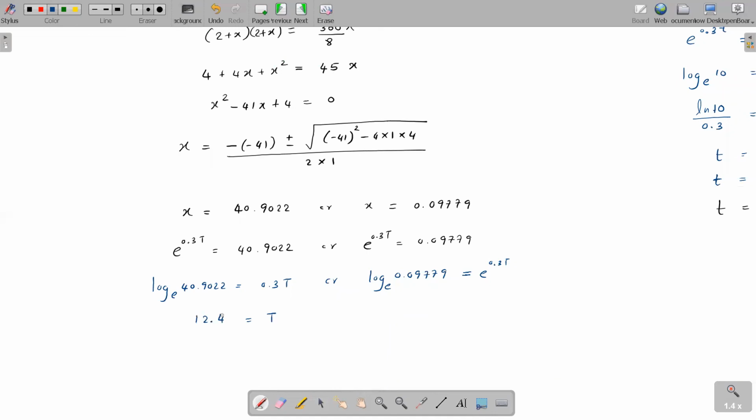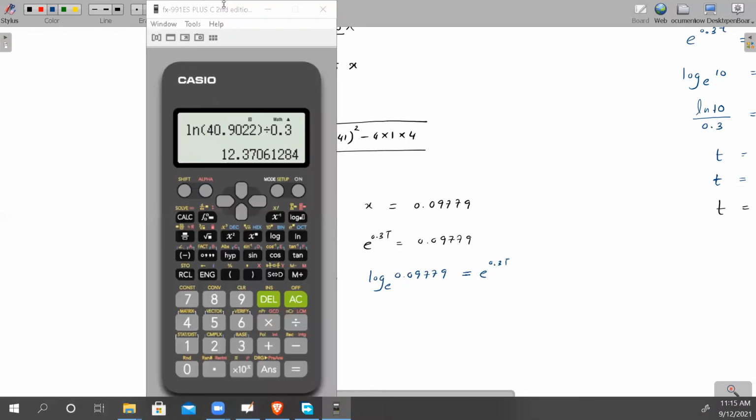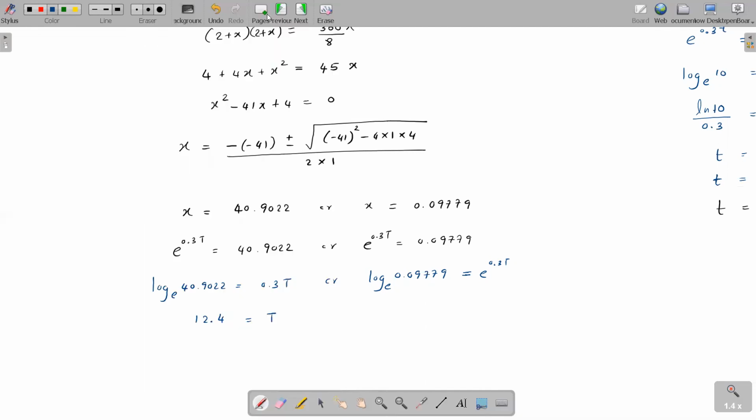So 12.4. The other answer is not going to be a positive answer because it's a negative of a logarithm. To show you, ln 0.09779 divided by 0.3 equals minus 7.74.